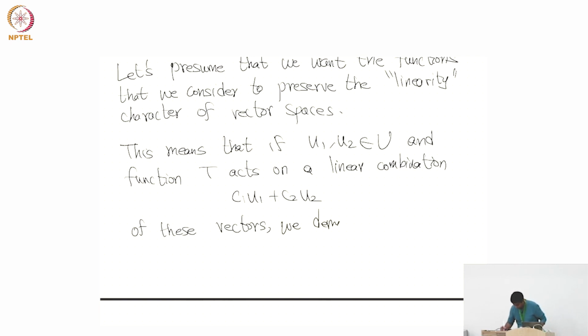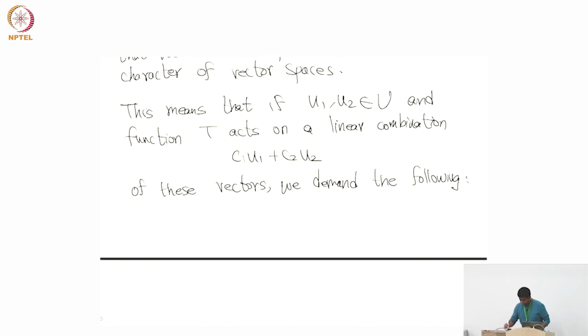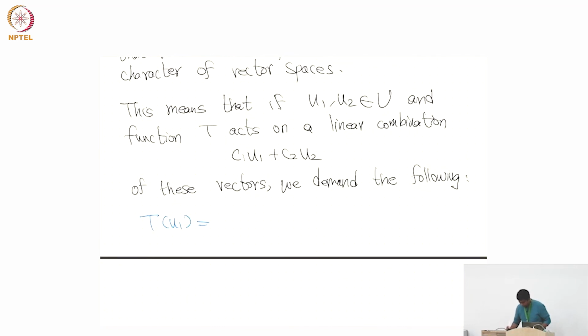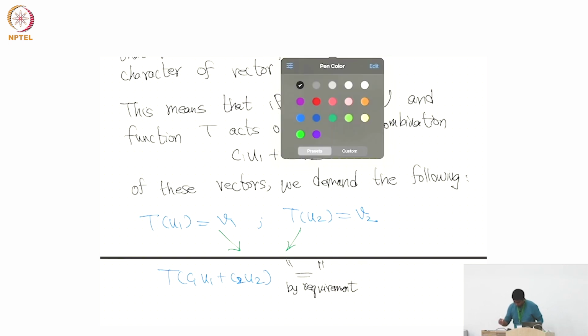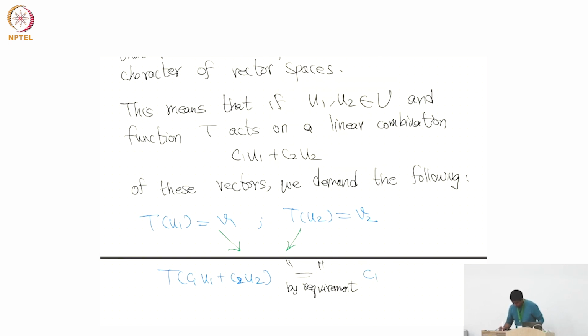we demand the following. Let's say T acting on u1 spits out v1, T acting on u2 spits out v2, and T acting on c1 u1 plus c2 u2, I demand, so this equality is by requirement, equals c1 T of u1 plus c2 T of u2.